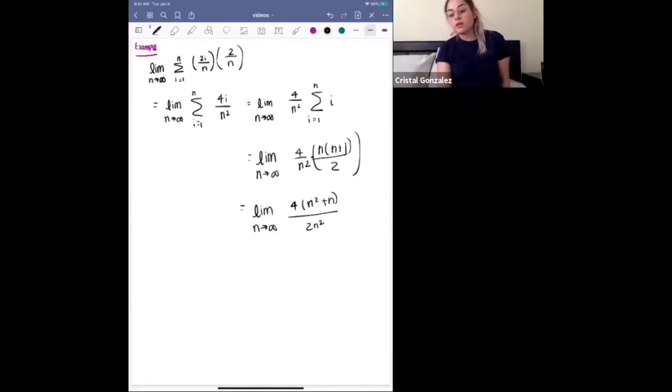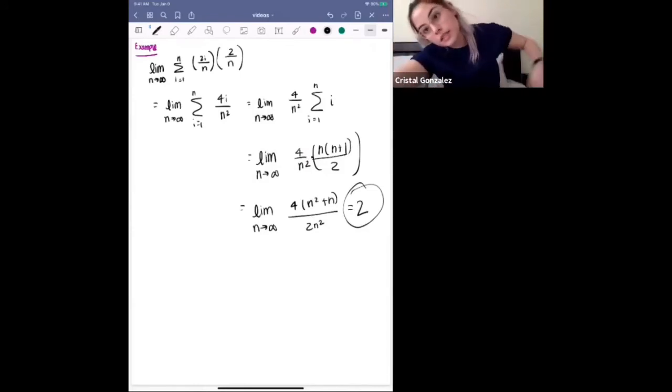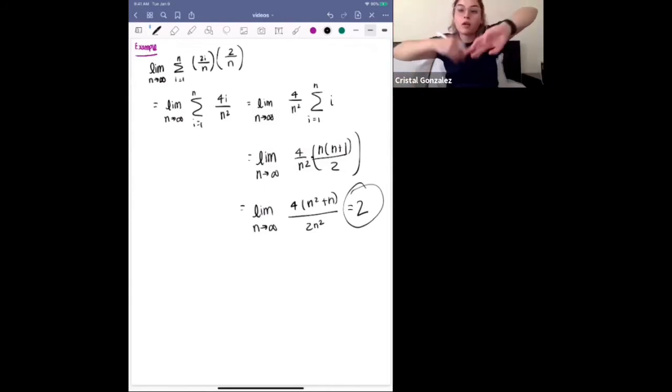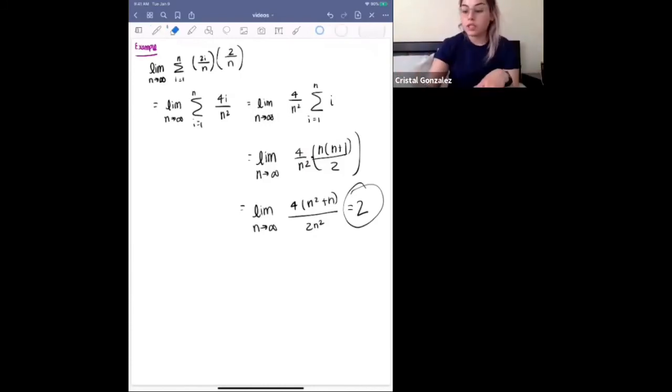If you apply L'Hopital's rule, I will give you the answer: you'll end up with 2. Or you can kind of see what's going on because the numerator and the denominator have the same constant, so when we take the derivatives, they're both going to simplify to 1 at the same time. So if we just take the leading coefficients, those simplify to be 2.